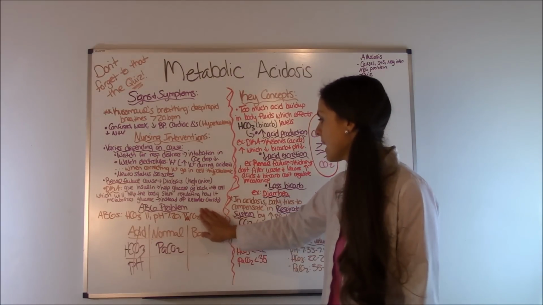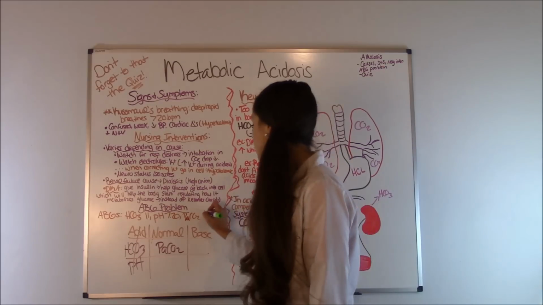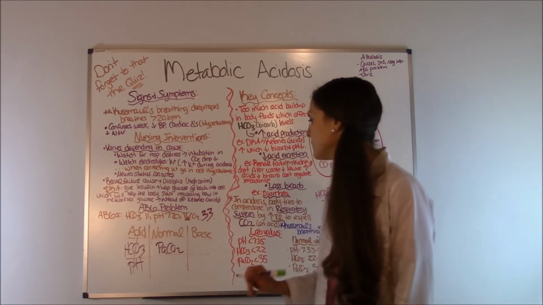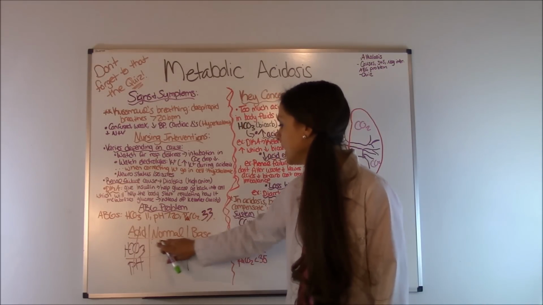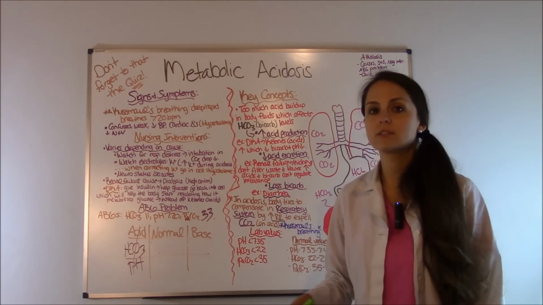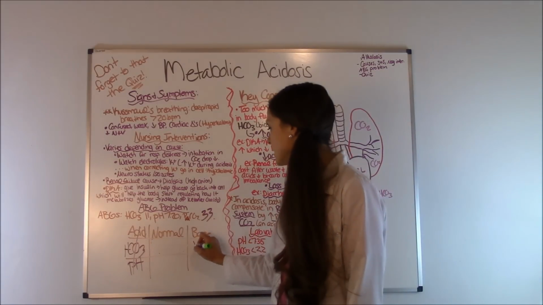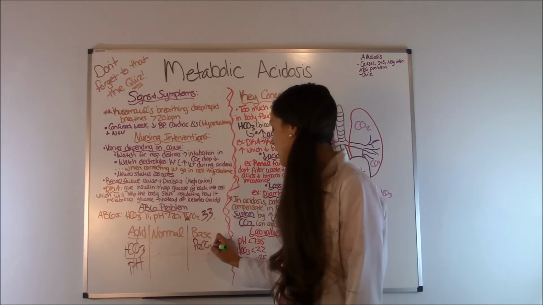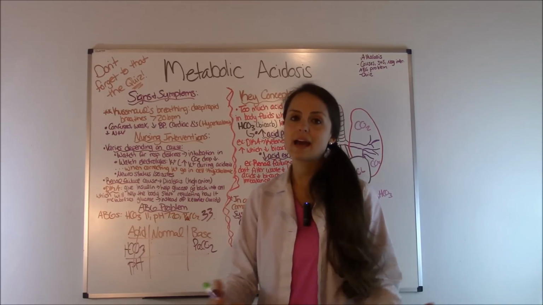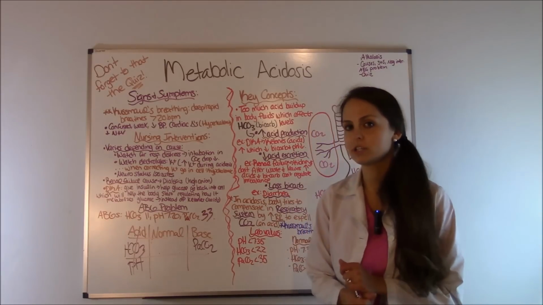Now say that the PaCO2 was 33. If it was 33, it means that our levels dropped because it's less than 35. So the body has been trying to compensate. So we'll put it under the base one, and it would be metabolic acidosis partially compensated. Now, why is it partially compensated?